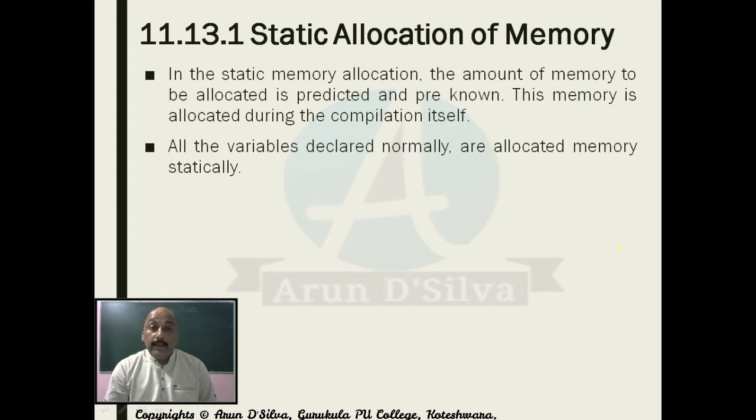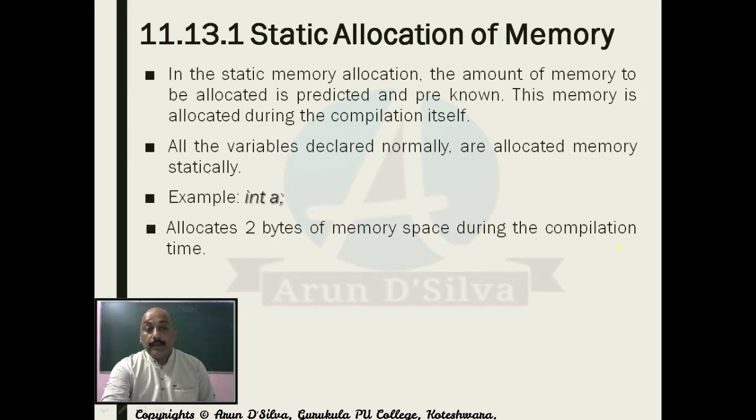All the variables declared normally are allocated memory statically. For example, int a allocates 2 bytes of memory space during compilation time. If it is int a of 10, then 2 into 10, 20 bytes of memory will be allocated.